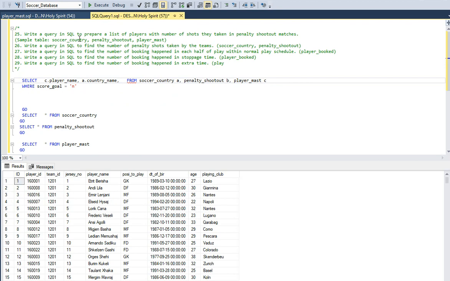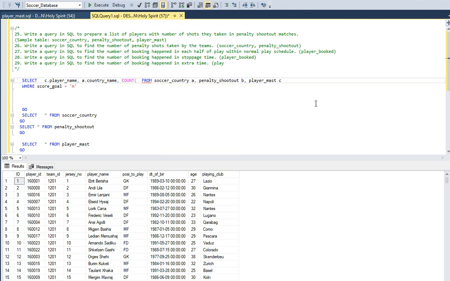write a query in SQL to prepare a list of players with the number of shots they have taken in penalty shootout matches. So how many they have actually taken? We have to count them.